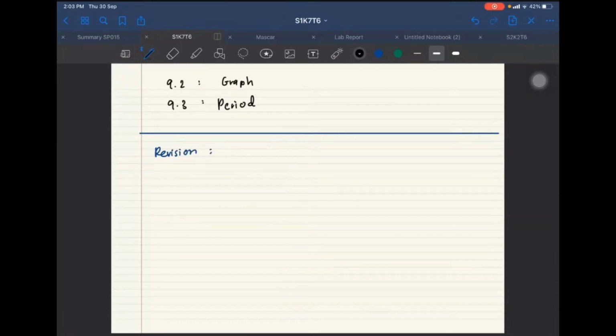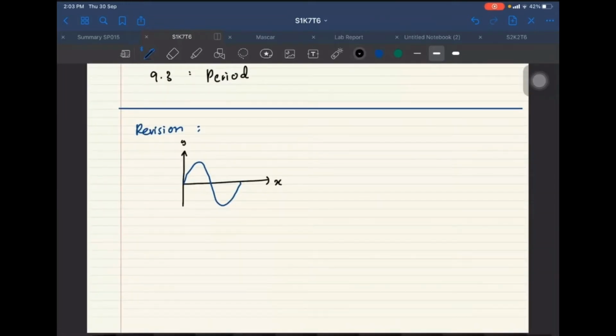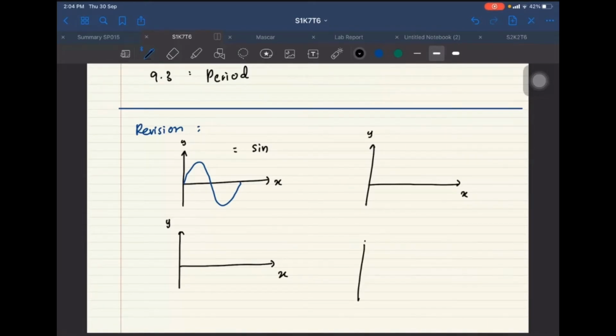If I have a graph of maybe y against x, let's say my graph is something like this. You still remember, in school we learned a graph like this, what is its equation? Do you still remember? I think it's just sine. Okay, sine. Good, very good. Anyone else want to add anything besides sine? It equals what? I don't remember, sir. Okay, don't worry.